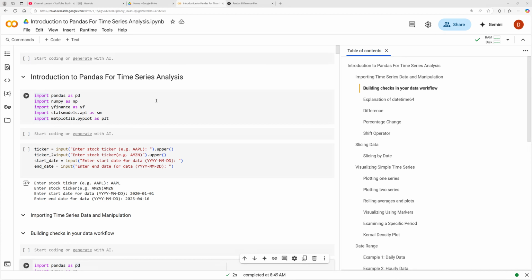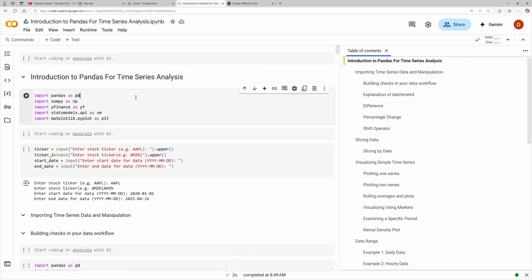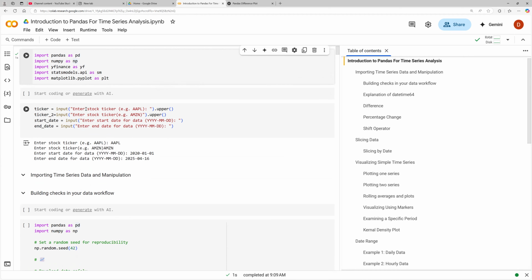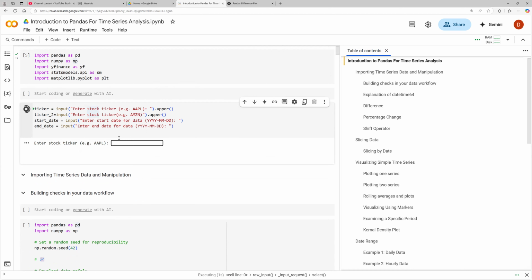So here, basically, we've got the packages that are pretty useful. Obviously, Pandas, NumPy, Y-Finance, Stats Models, Matplotlib. So we load it. And here I have an input for tickers for stock prices. So I'm going to put in Apple, Amazon.